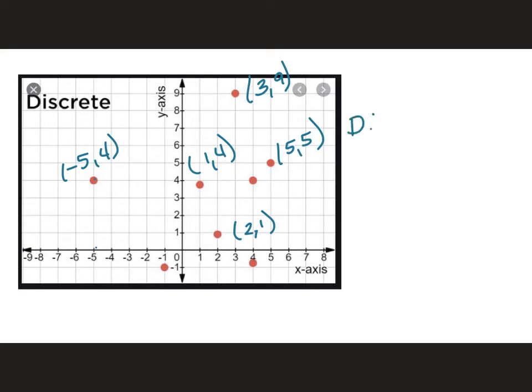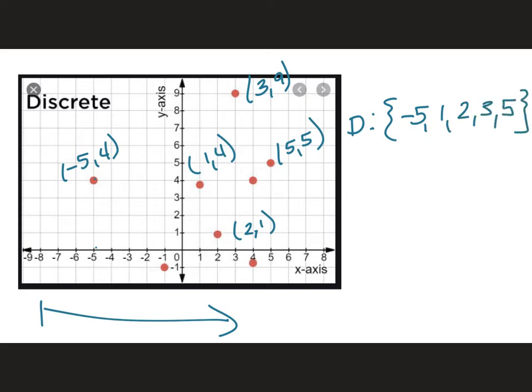So we're going to start with our domain values. Remember, we list them in order from least to greatest. So really, I'm going to be working from this direction. If I just look at the first value, I have -5, 1, 2, 3, and 5. Those are all my domain values. Now let's look at the range values. Same thing, except now I'm going bottom up, because remember, it's least to greatest.